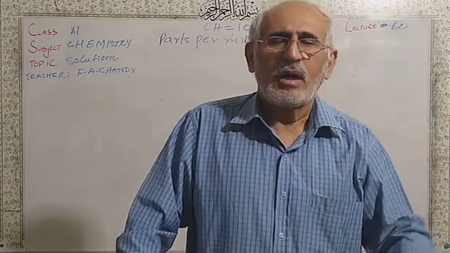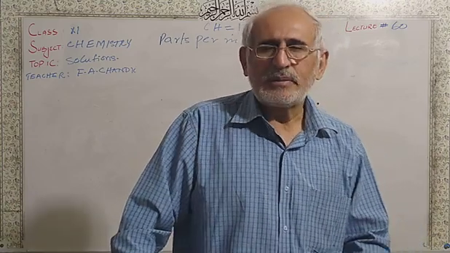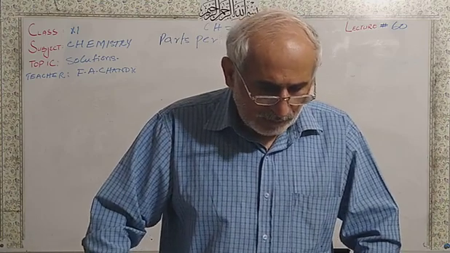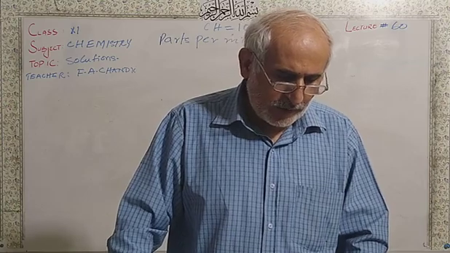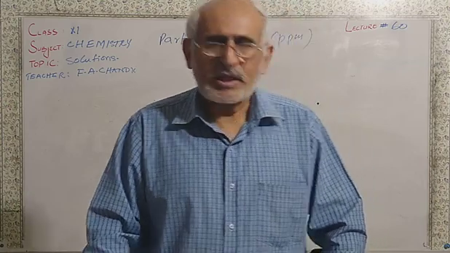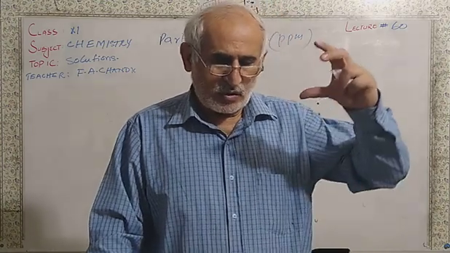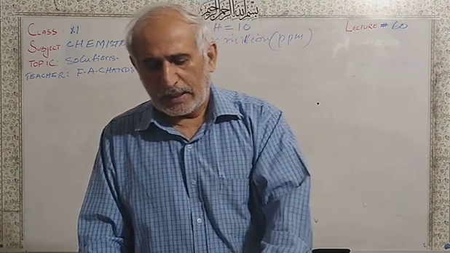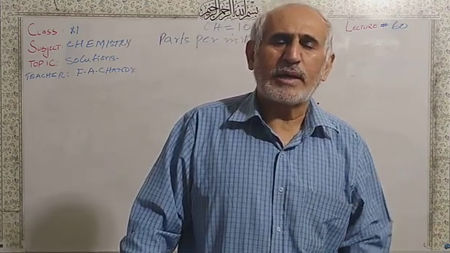He took 1 decimeter cube of air in an urban area, like Karachi or Jeddah, containing 3.5 into 10 raised to power minus 4 centimeter cube of carbon monoxide. So this 1000 centimeter cube of air contains this amount of carbon monoxide.